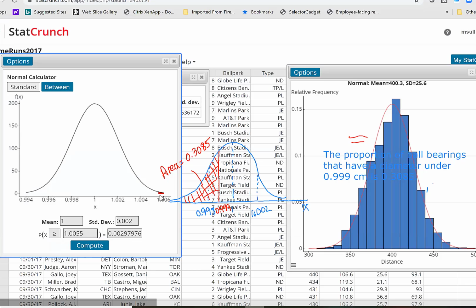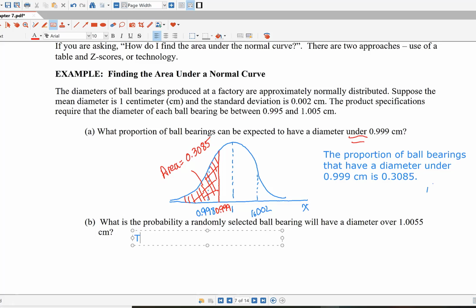You can see it's a teeny tiny area in the right tail of the distribution. So we're getting 0.002979, essentially 0.0030. We write that like this: probability X greater than 1.0055 equals 0.0030.